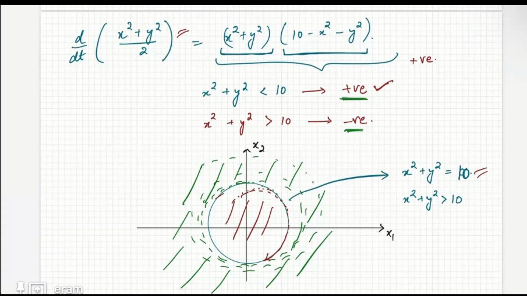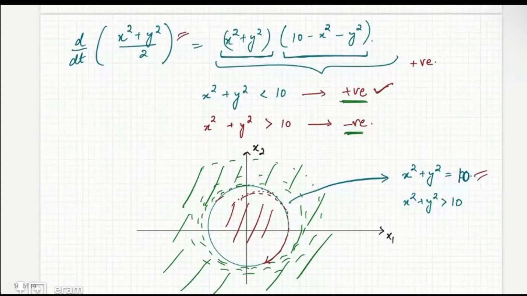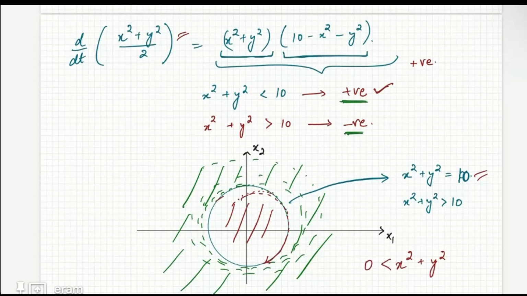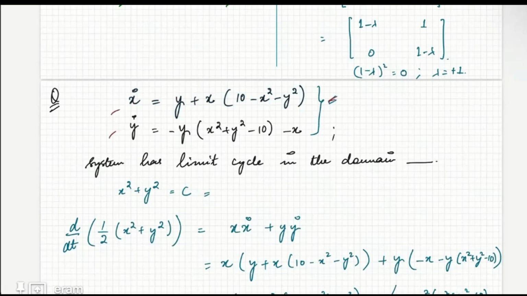So that means we have a limit cycle in the domain given as x square plus y square, obviously excluding the origin, because 0 is an equilibrium point for this system. When we put x and y equal to 0, the derivative will be 0.